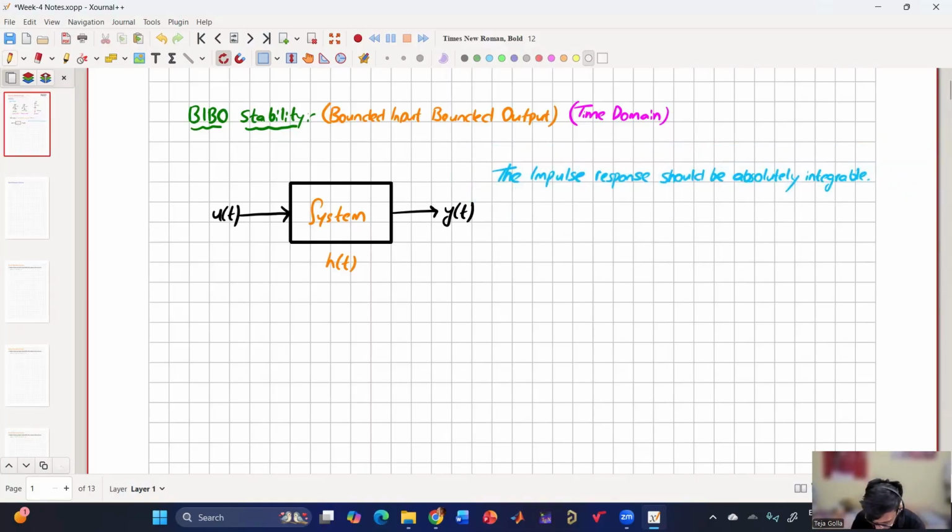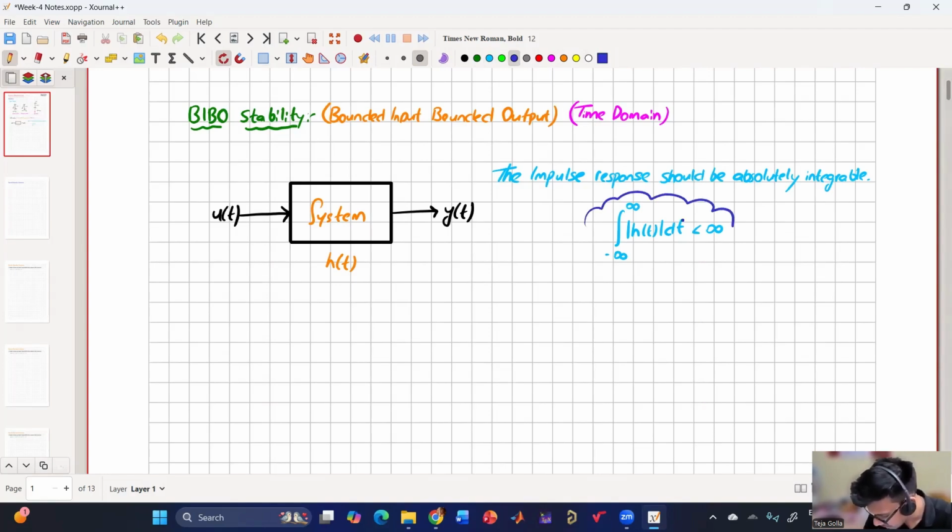Absolutely integrable means, for the impulse response, which we know is h of t, the integral of mod of h of t dt from minus infinity to infinity should be finite and should not go to infinity, which means the integration should have a finite value. Under this condition, we can say the system is BIBO stable.